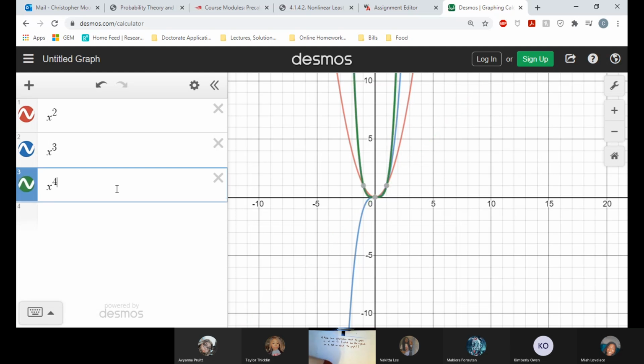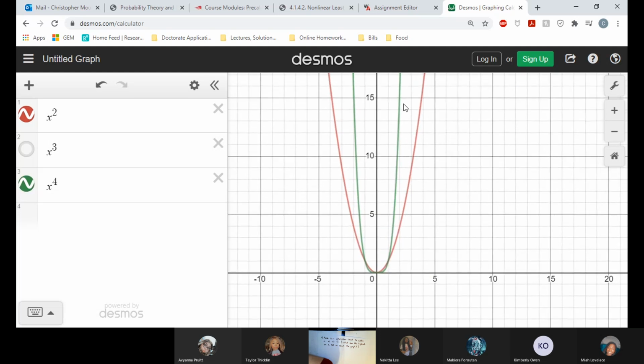What about x to the 4th? So let me get rid of these for a moment. X to the 4th is, again, both legs are pointing up, and it's growing much faster than the x squared graph if I put that one back up, right? By the time this x to the 4th graph hits 2, it's going to be all the way up at 16, right? I'd have to scoot up to find it. 2, 16, somewhere around there.